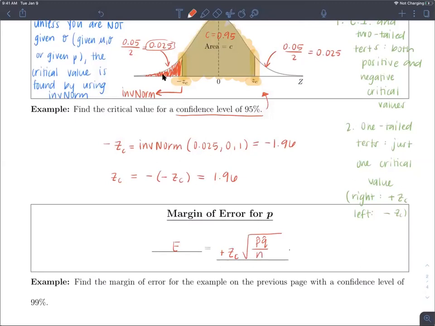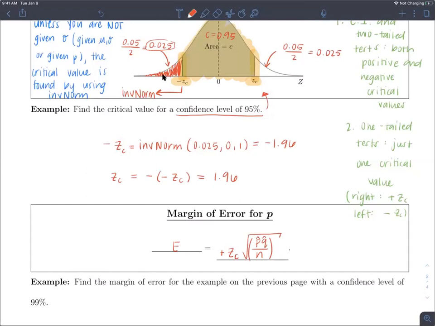So it's the square root of everything underneath, and that n is also under the square root. So let me leave those parentheses there.